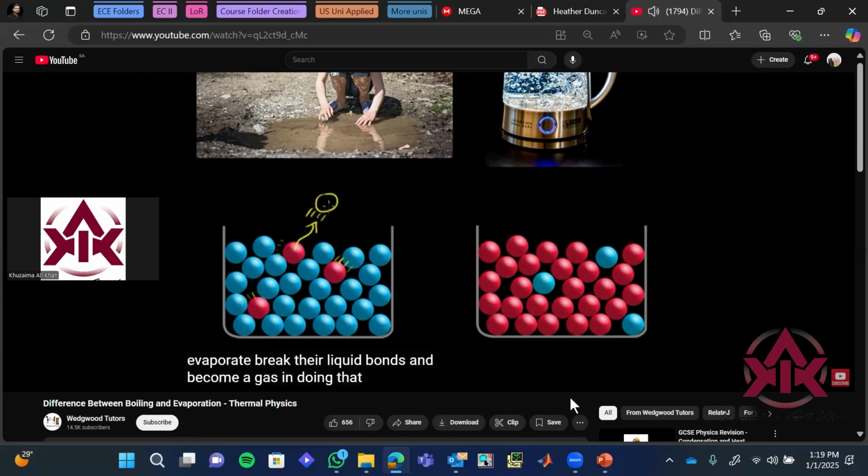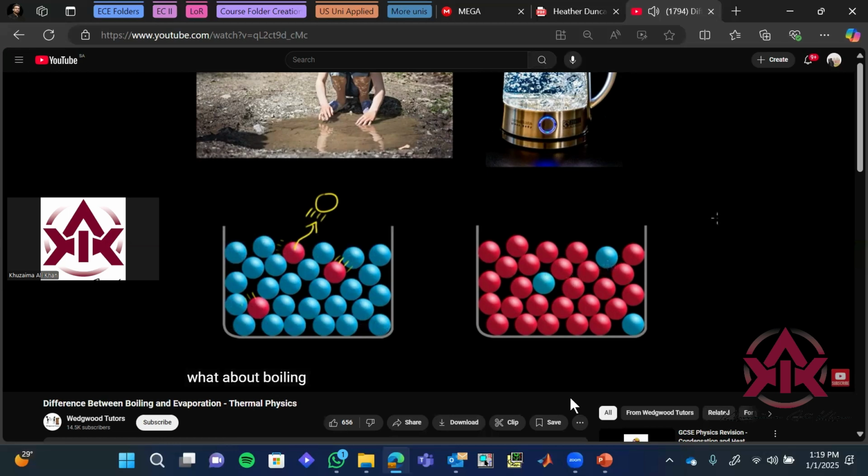In doing that, they carry away some kinetic energy with them, and that reduces the kinetic energy of the rest of the particles, so the average thermal energy of the particles decreases and everything cools down. That's why evaporation cools you down.